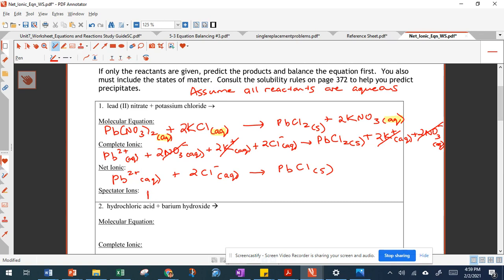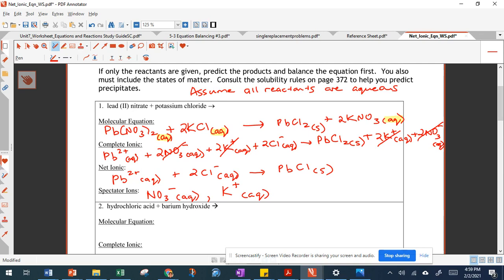So we have here NO3 minus. I do include the charge because these are ions. And I'm also indicating that they are dissolved in water, but I do not bring down the 2 because that would simplify and those would go away. So that is our net ionic equation and our spectator ions.